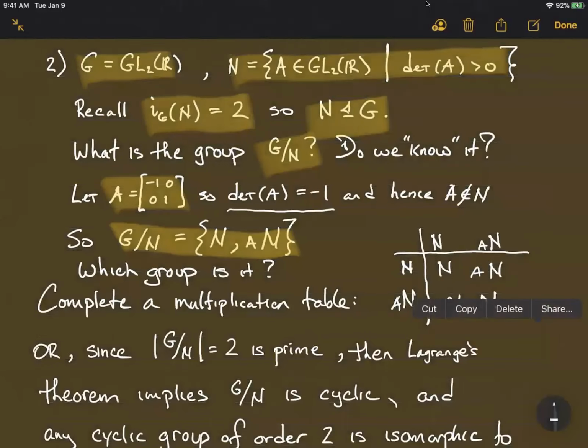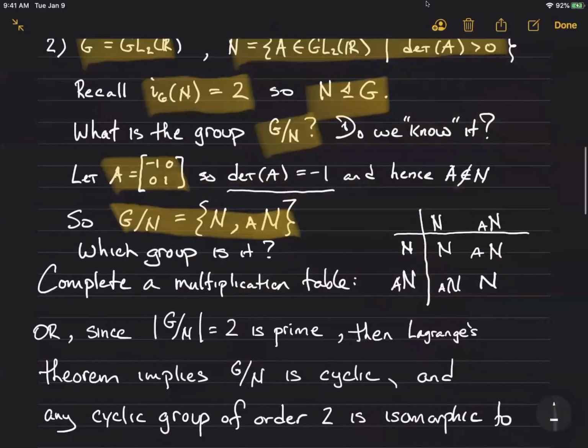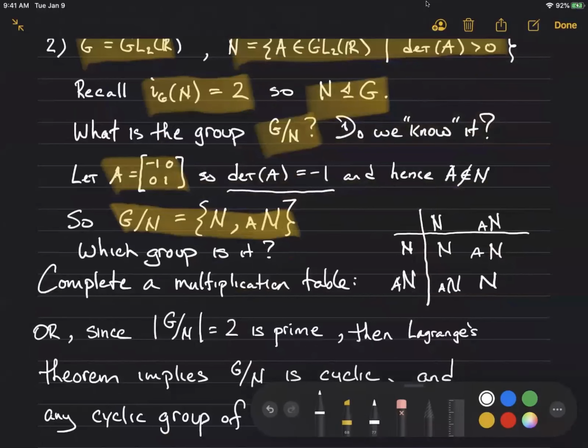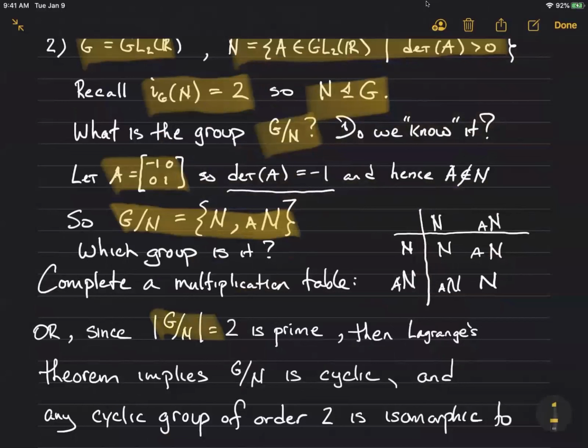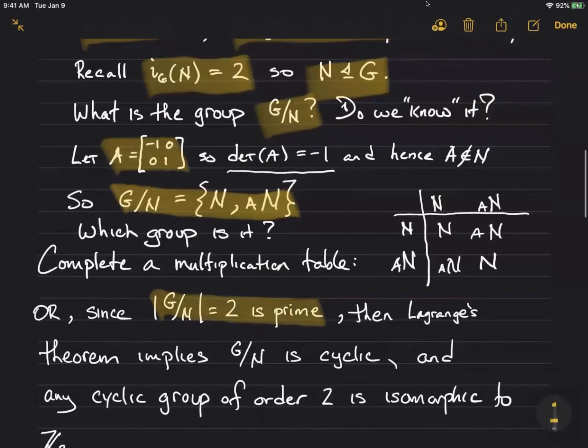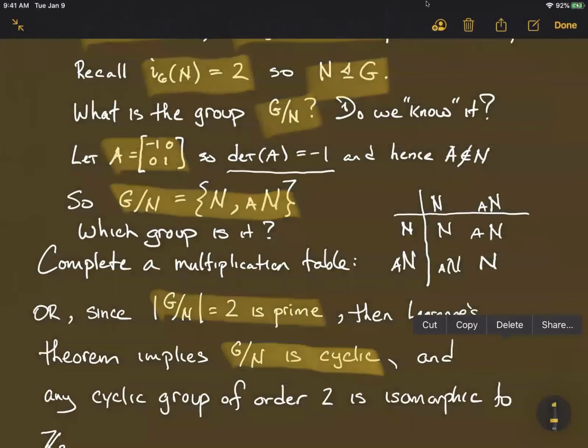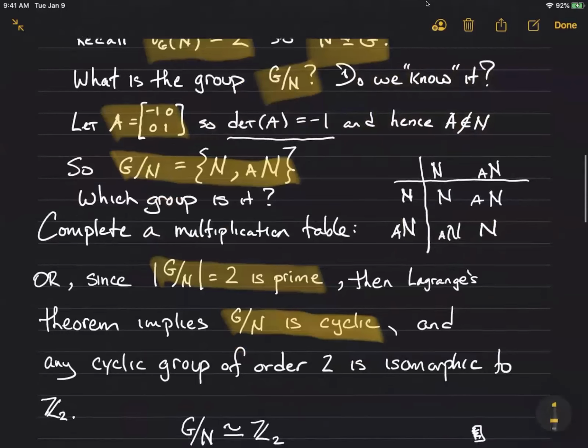Here's another way. That was kind of the Nike method. We just brute forced our way. What about using some of our theory? This group that we're talking about has prime order. It has 2 elements in it. 2 is a prime number. Our Lagrange theorem in the past said that any group with prime order is cyclic. So this group is cyclic. And cyclic groups are determined up to isomorphism by their size.